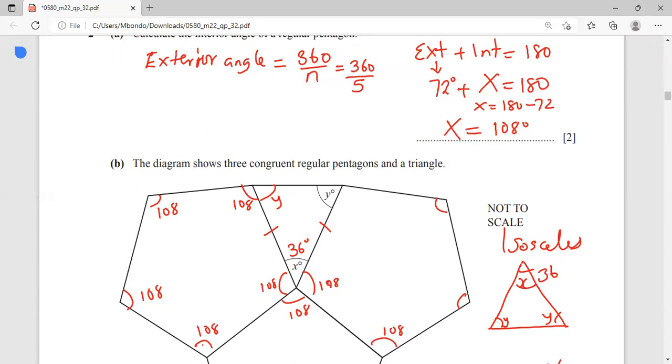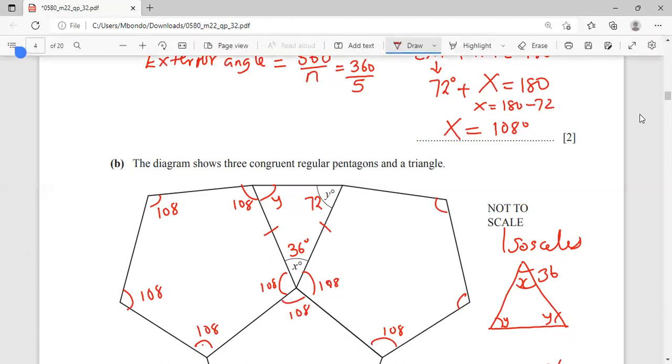Then 144, you divide it by 2. What do you get? You're going to get 72. So this angle here, which is y, is 72.